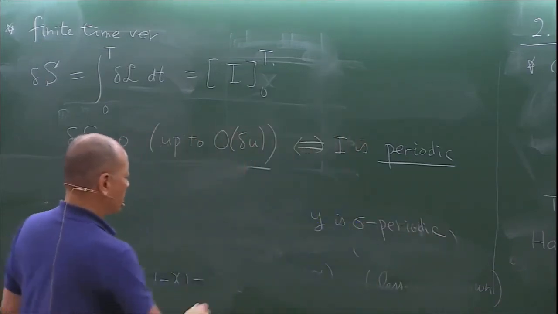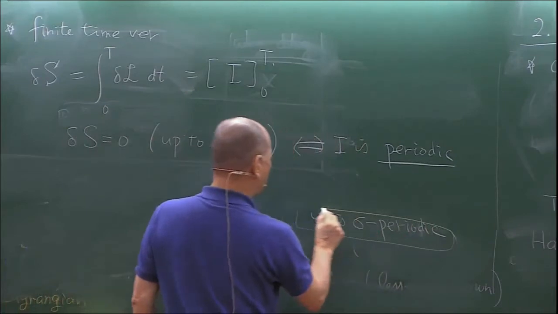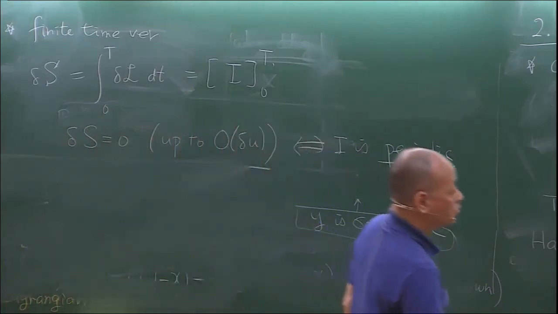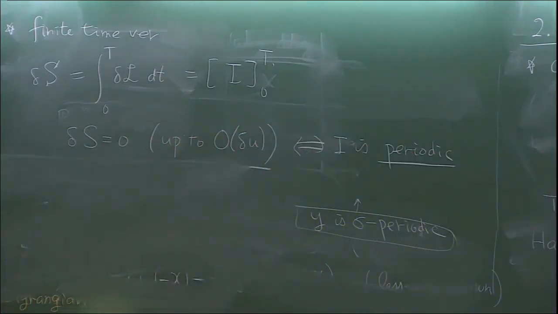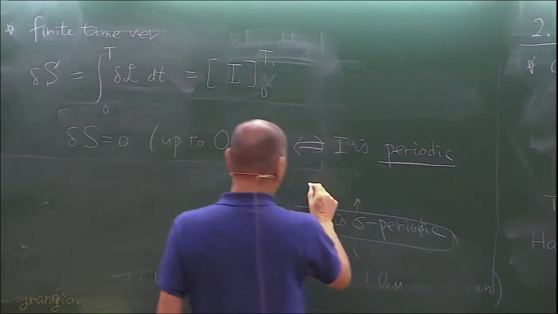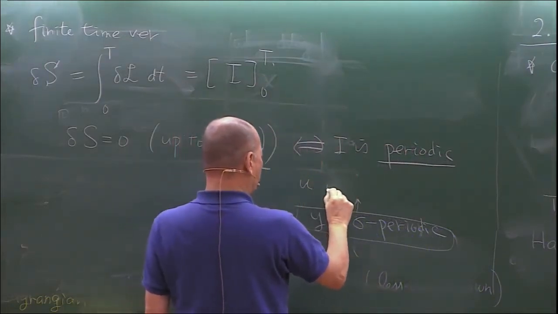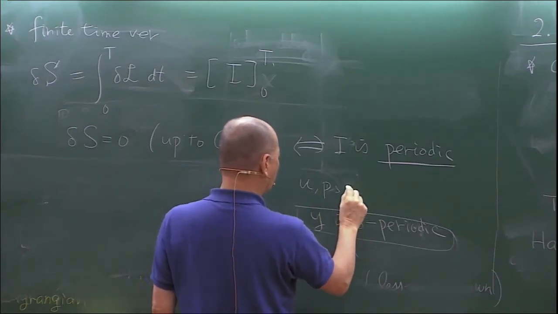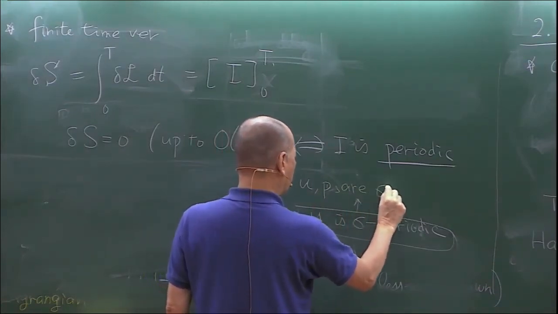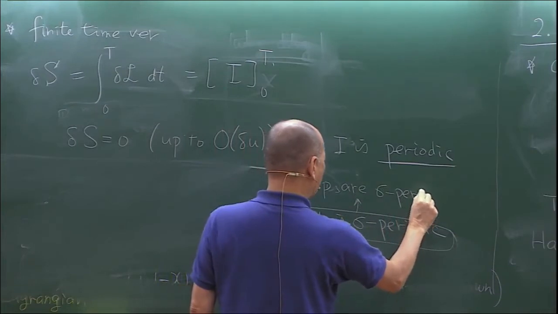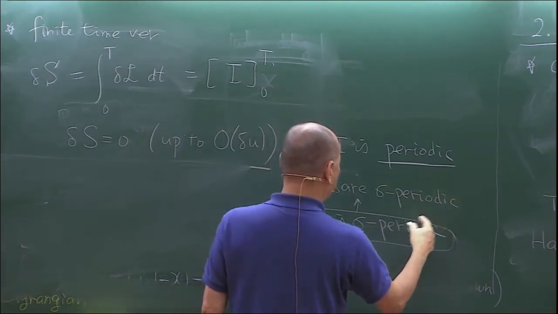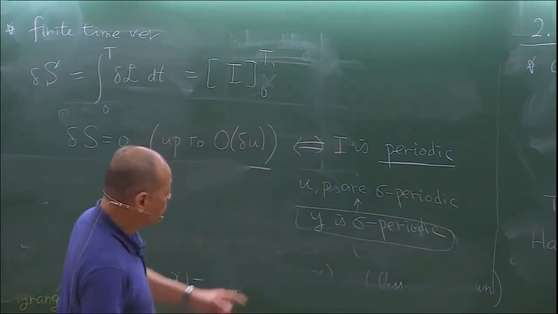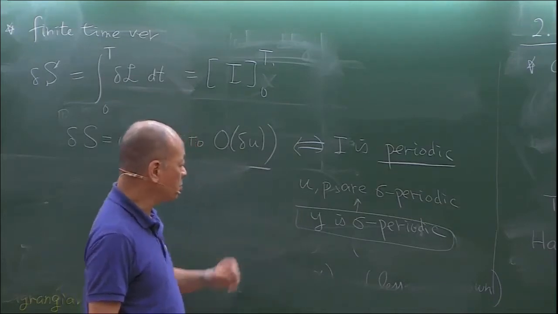assumption is the following. From this, actually comparing the mutation formula of the y variable and the u variable, you can claim that u and p are also sigma periodic. Here we need some technical part of cluster algebra where, for example, we need the tropicalization theorem and so on.